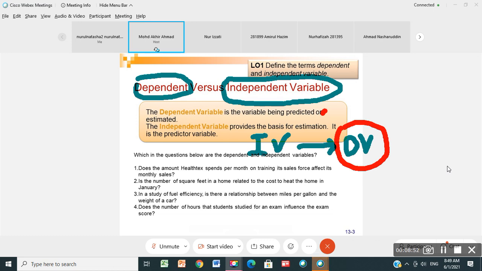Kita nak bagi bahasa linear, bahasa yang mudah faham. DV, that means dependent variable, adalah kita punya outcome. Kita punya result. Okay. IV ni maksudnya kita punya item to support the outcome. What the contents, what the item to support the outcome.